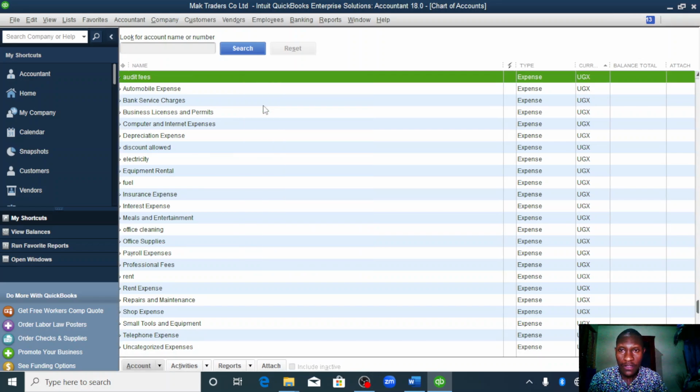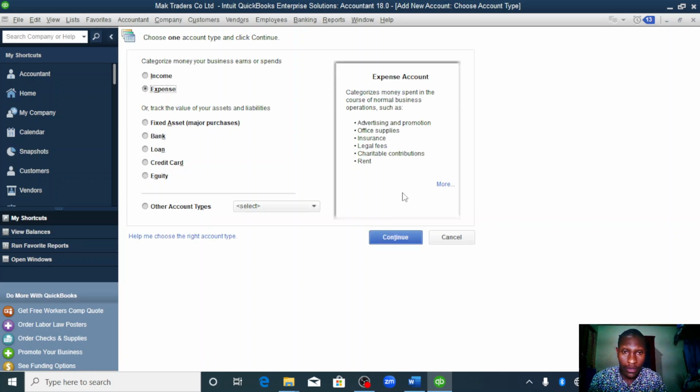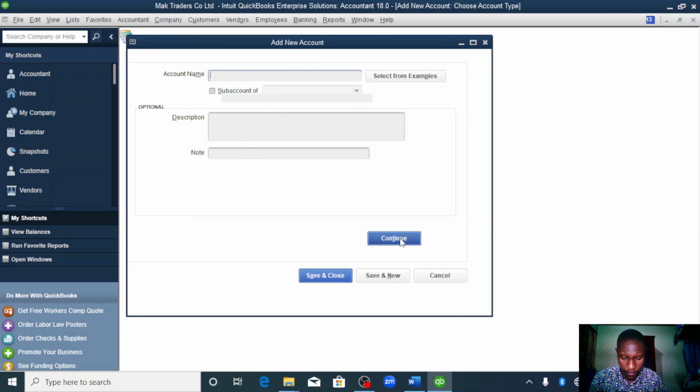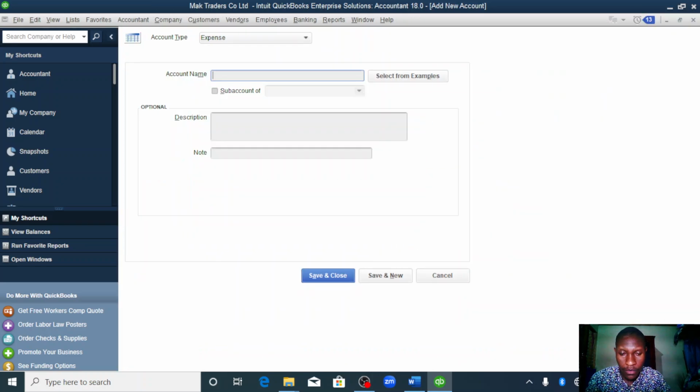We are entering salaries, under expenses also. So we are having members. We are having Amanda. We call it Amanda salary. Save and new. Add another one called Katate.